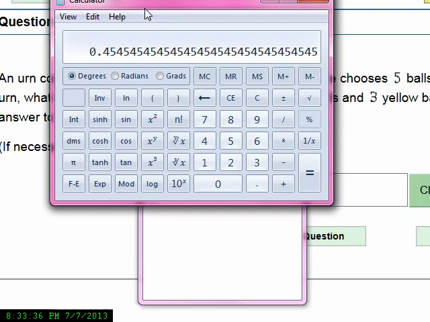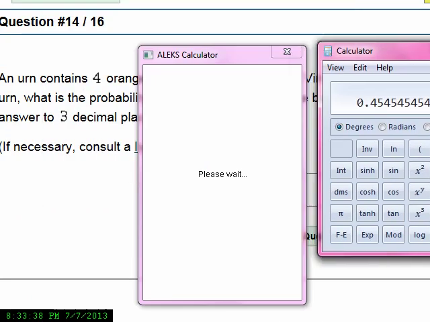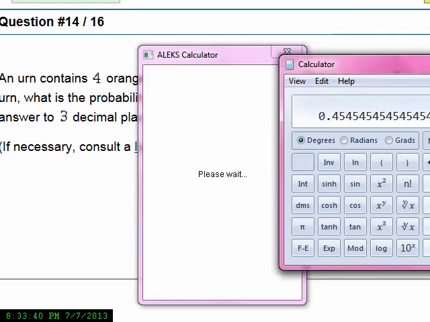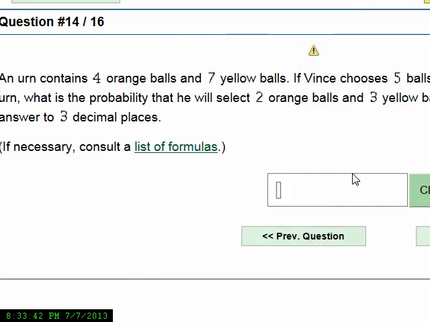So 5 divided by 11 is 0.4545. It repeats. Round your answer to 3 decimal places. So 0.455. Yes.